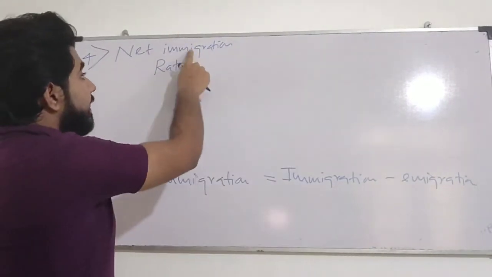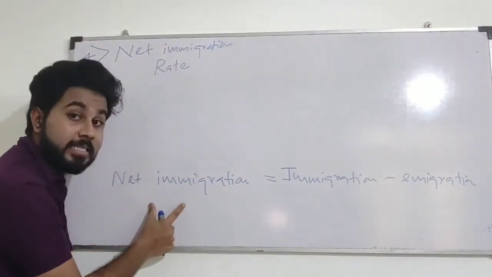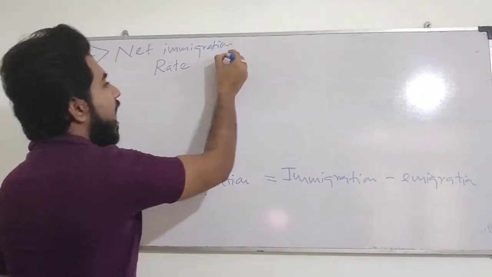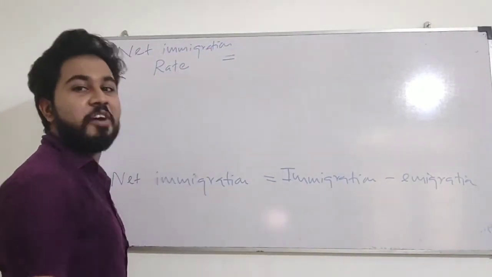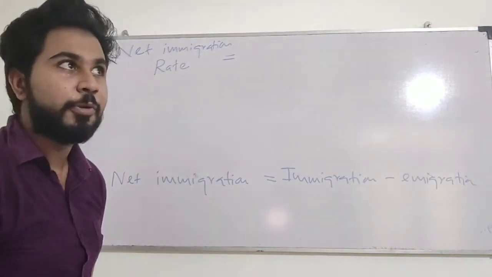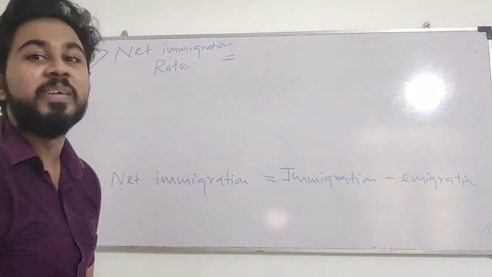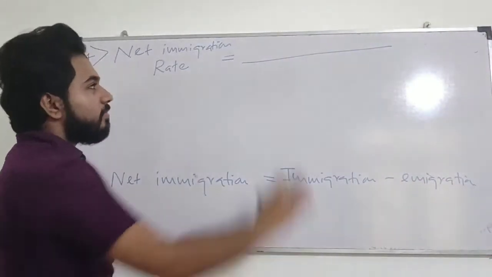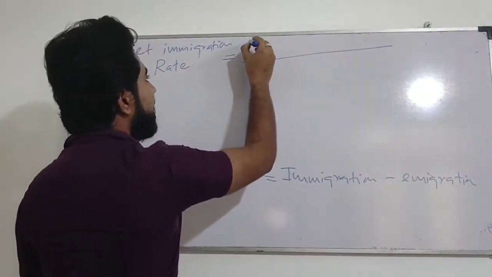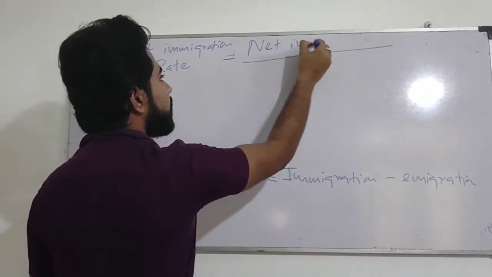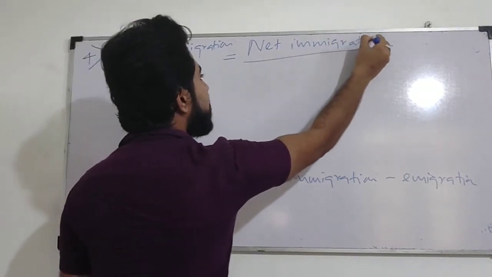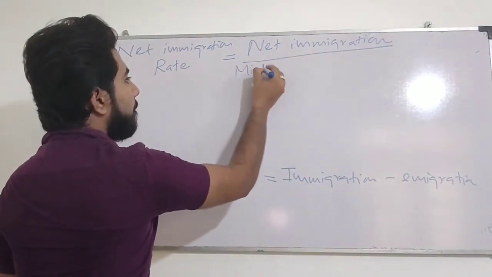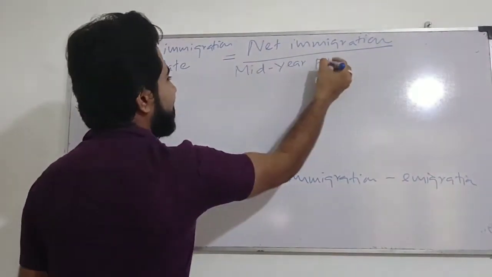Now, what is net immigration rate? This is not just net immigration, this is net immigration rate. How to calculate it? Follow the same rhythm you used to construct the equation of birth rate and death rate. Take a line like this, and the numerator should be net immigration, the difference between immigration and emigration, divided by mid-year population.